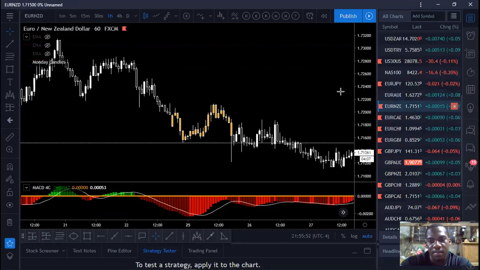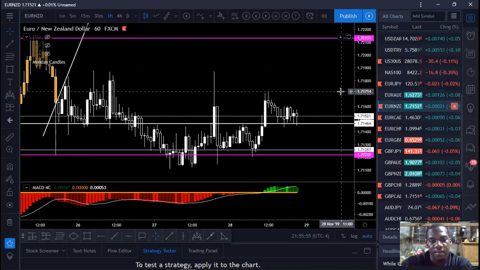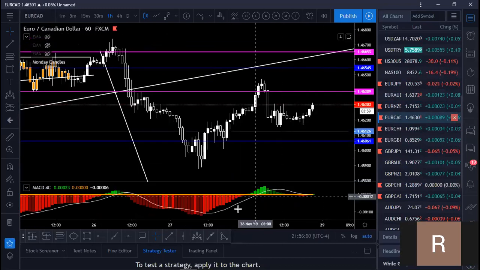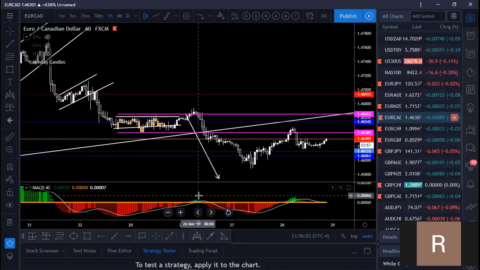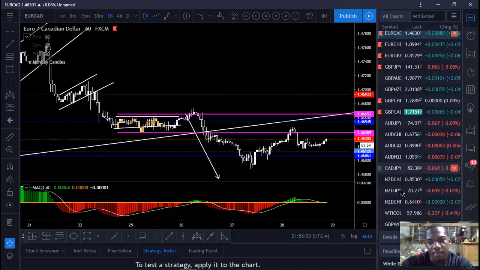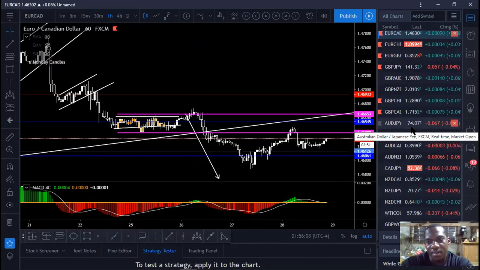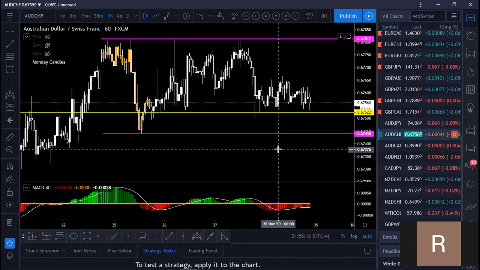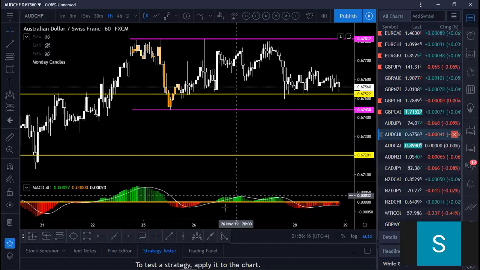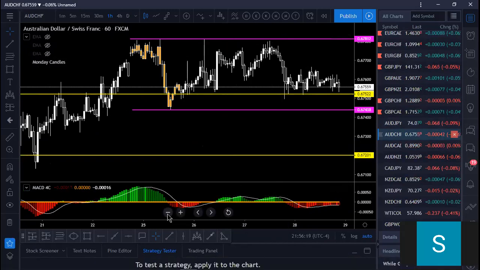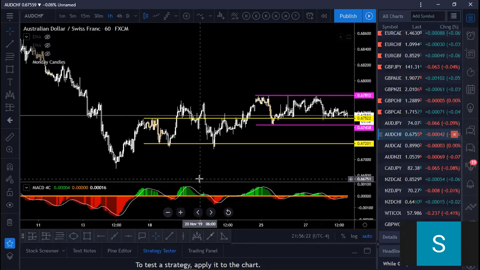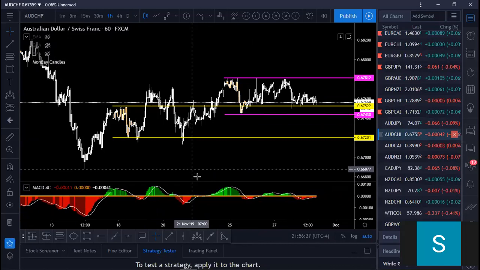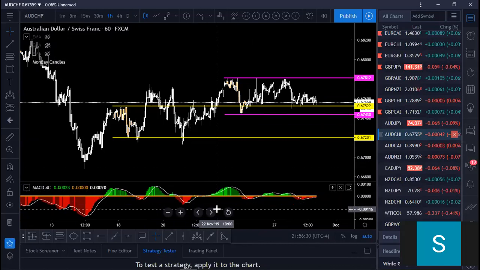You're looking at your NZD. What's this? AUD CHF? You're looking at these slow pairs, my man. Real slow is right. Remember I showed you the Excel sheet that I have with the pairs that move a certain amount of pips a day?